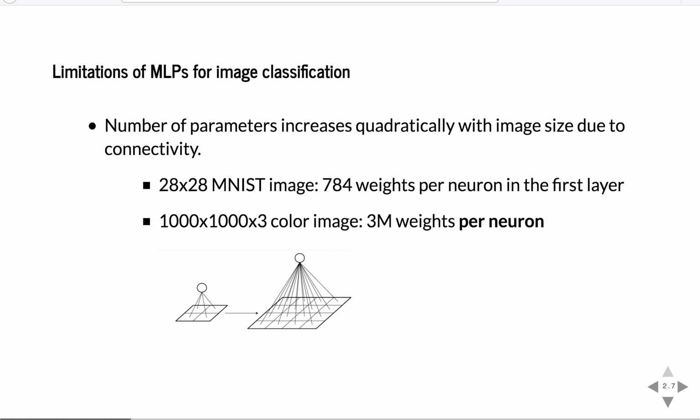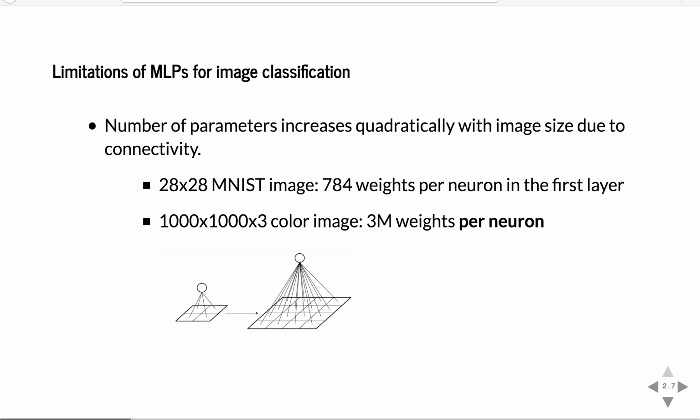Now, let's talk about image classification. So why not use MLPs for images? As you can see, each layer is fully connected to the previous layer. Each neuron here has to be connected to every single output of the previous layer. So we have a problem with the number of parameters. It increases very, very quickly.